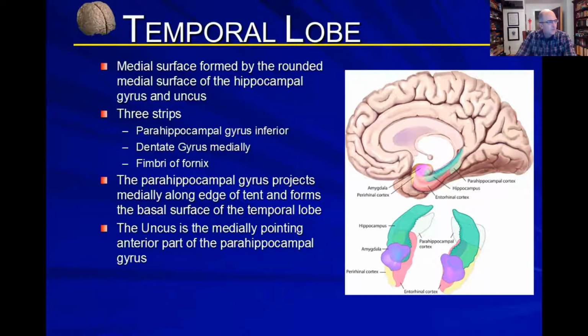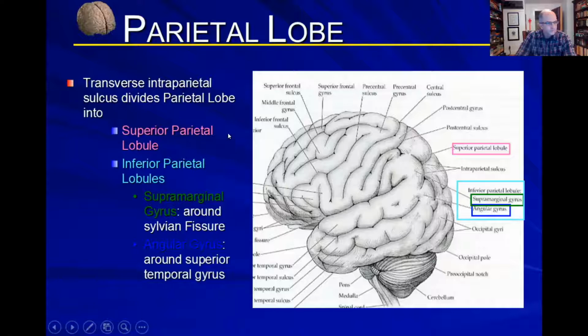The parahippocampal gyrus projects medially along the edge of the tentorium and forms a large part of the basal surface of the temporal lobe. The uncus is the medially pointing anterior part of that parahippocampal gyrus. We'll look at that in some pictures down the road.